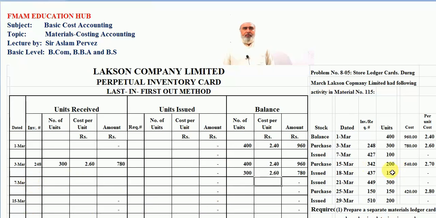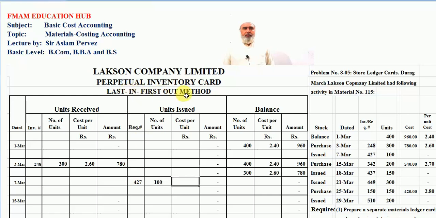Now 7th March, 100 units are issued. The requisition number is 427. In the requisition number, we have to record 427. The units are 100 units which are issued to production. Students, now you are looking here.